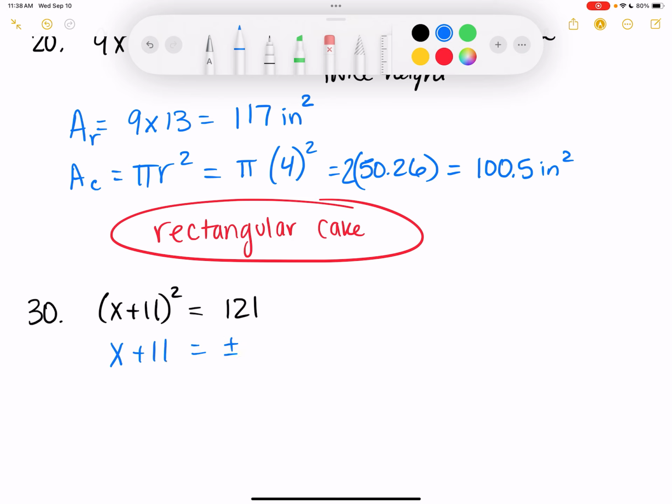Now I need to split it. If it's a square root, we can leave it, but when it's a number, we've got to split it. So x plus 11 equals 11, or x plus 11 equals negative 11. So x equals 0 or x equals negative 22.